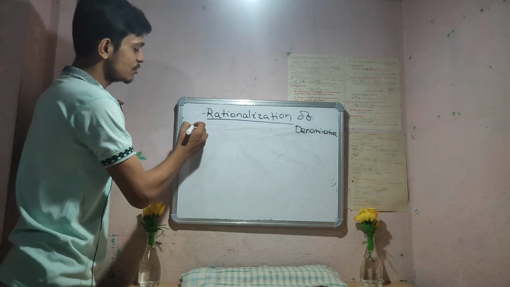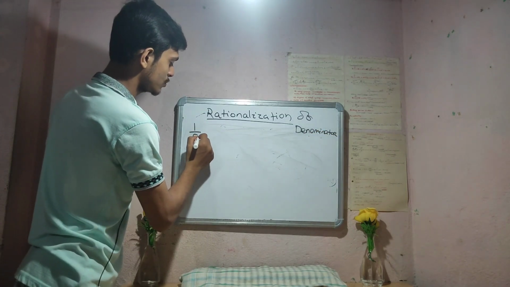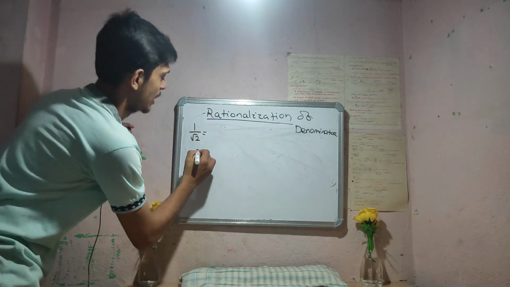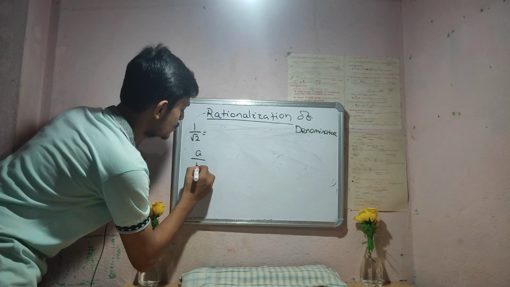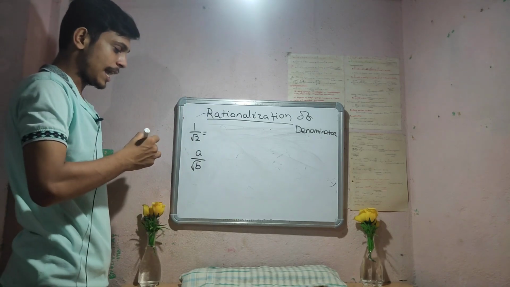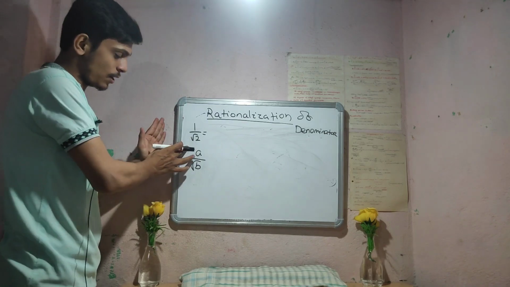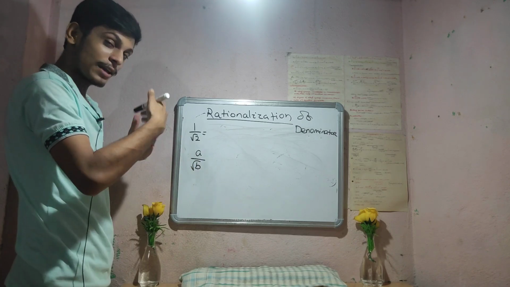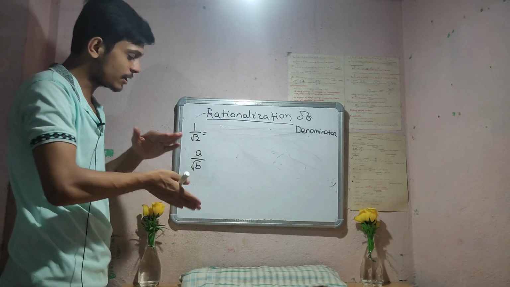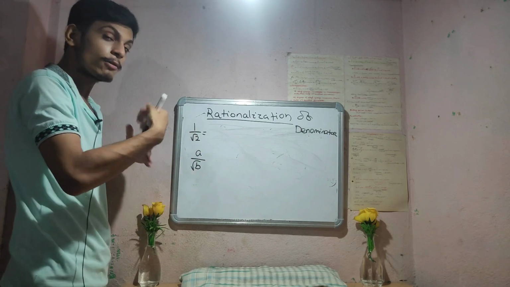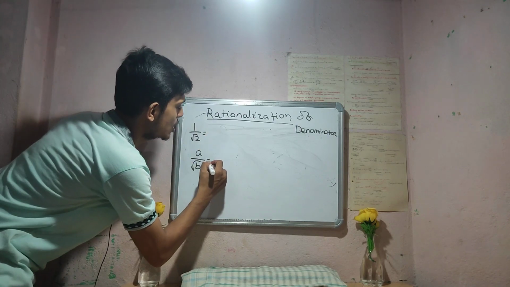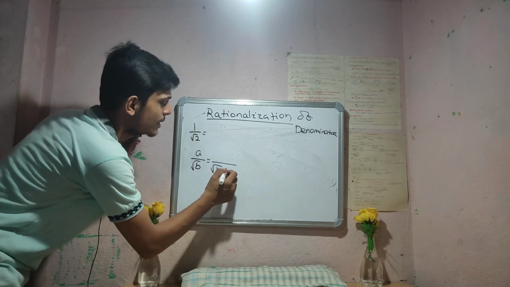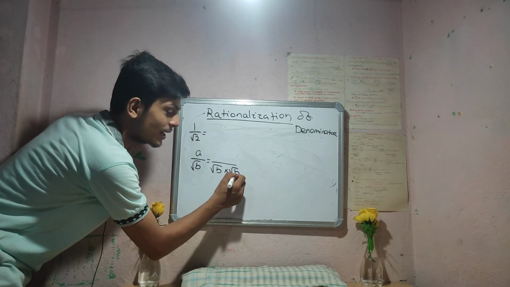So 1 upon the square root of 2. There is a formula: if a number is in the form a upon the square root of b, how can you rationalize the denominator? The denominator means the lower part. You multiply by the same square root of b in the denominator.